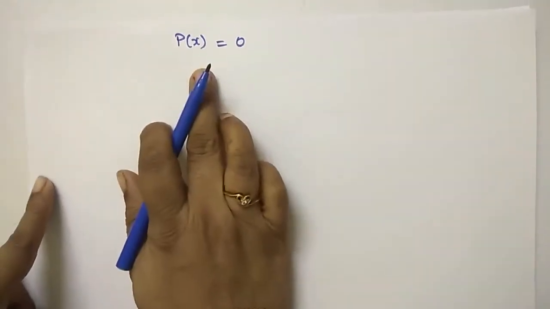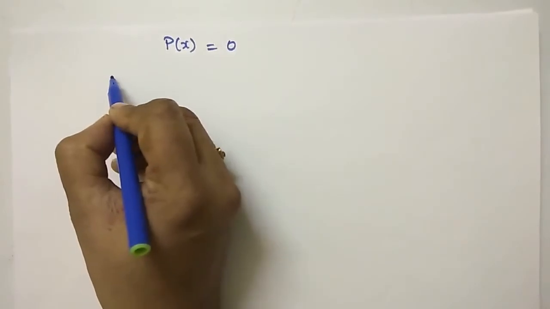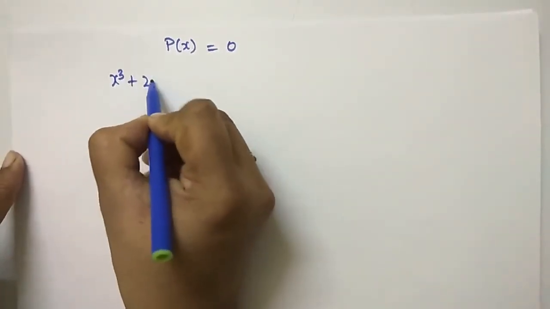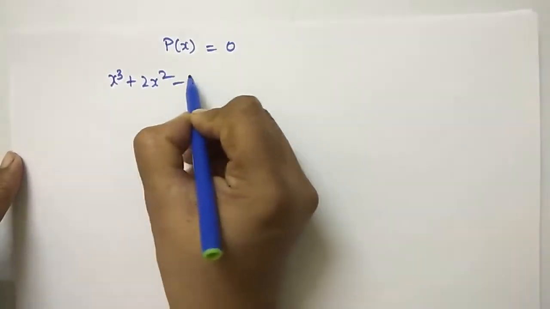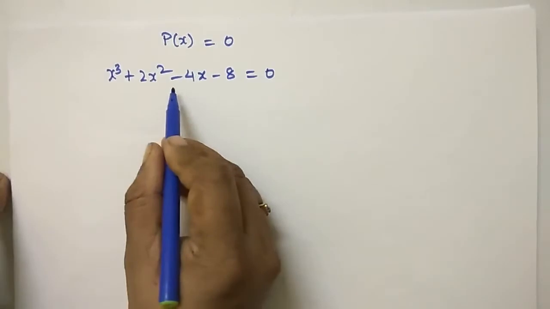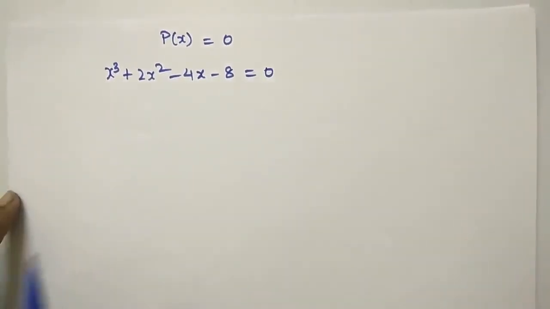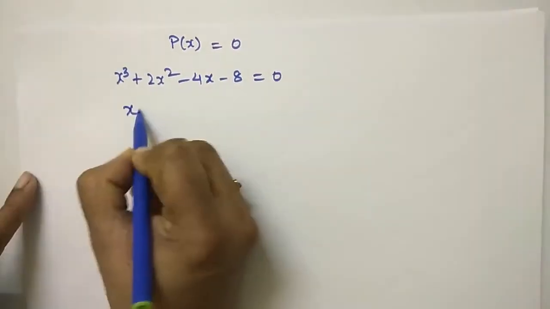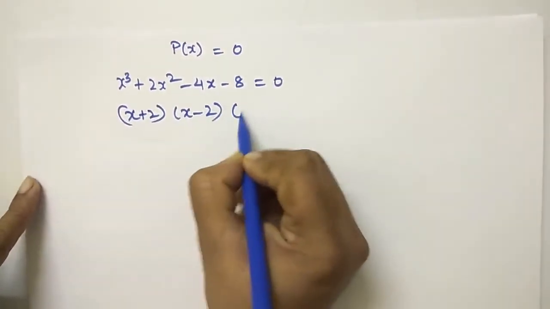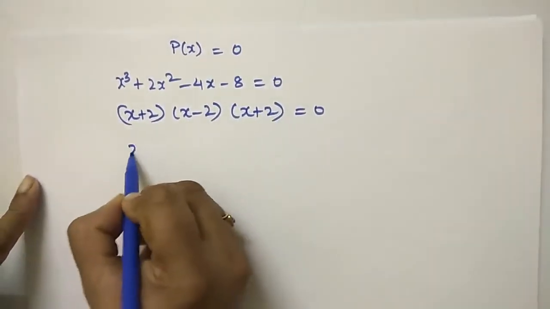So, the polynomial given, x cube plus 2x square minus 4x minus 8, is equal to 0. We expressed it as a product of a number and three linear polynomials, right? Just write down here x plus 2 into x minus 2 into x plus 2 equal to 0. Okay, now let us find the zeros.